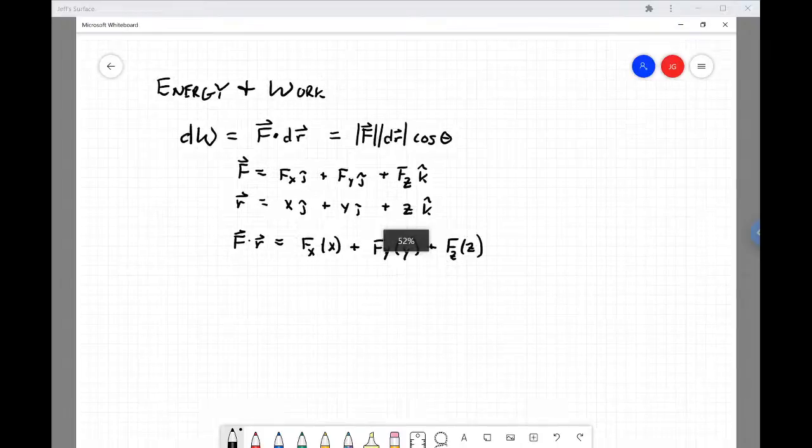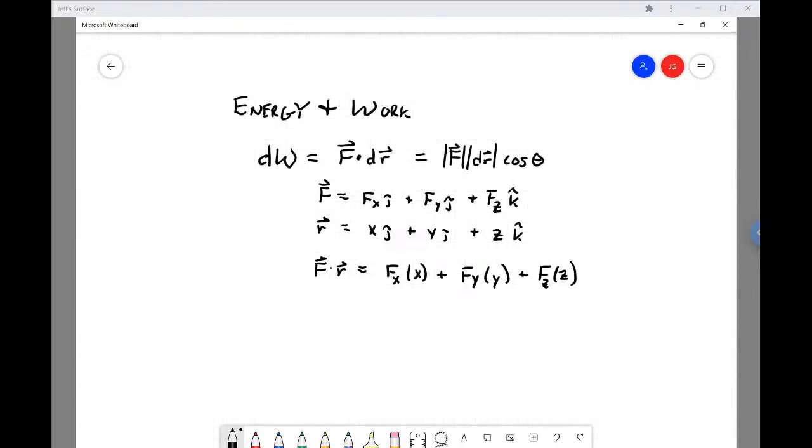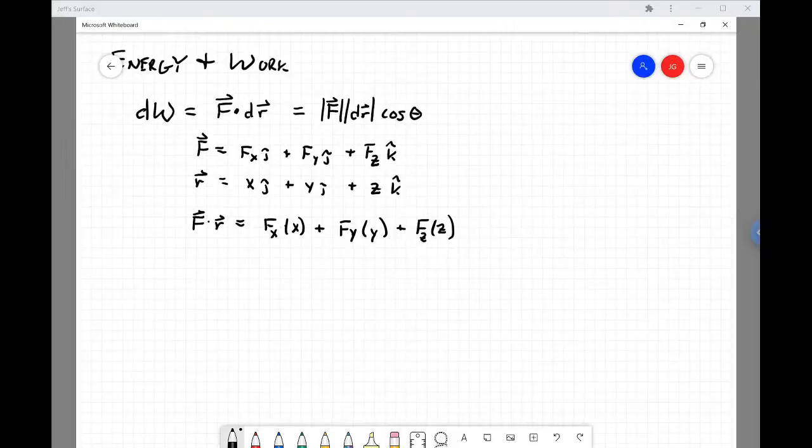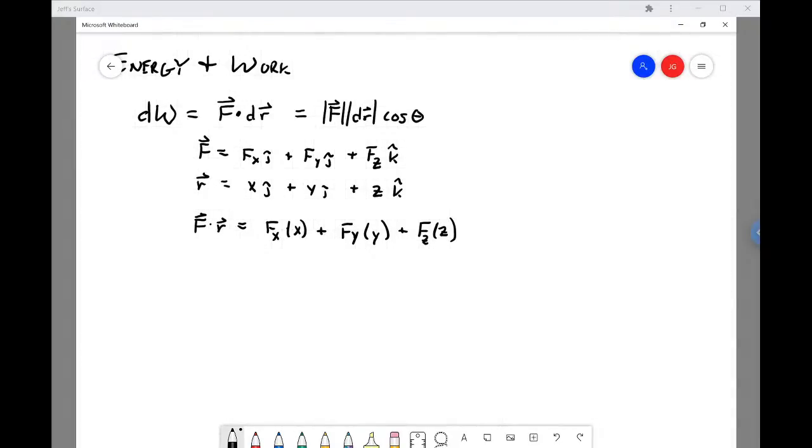All right, so I'm digressing a little bit here, but that's a useful thing. Where would you see that in math? Some of you will advance through math. There's another vector product called the cross product, or the vector product, and we'll see that later this semester.